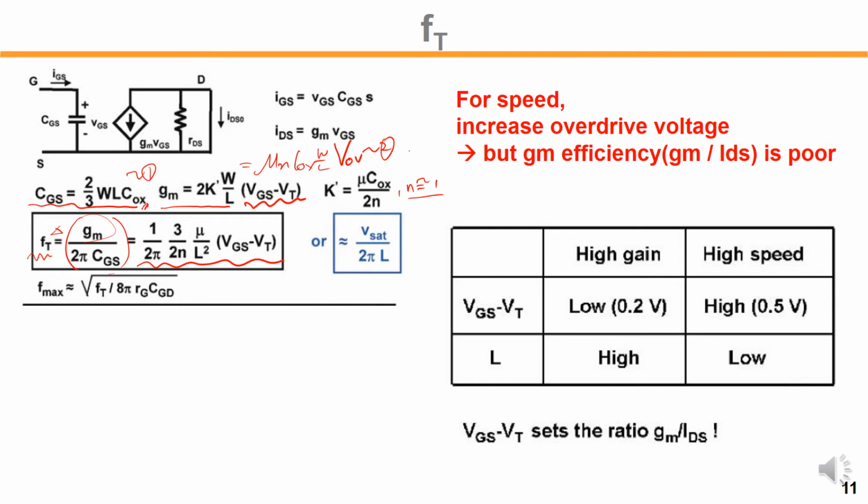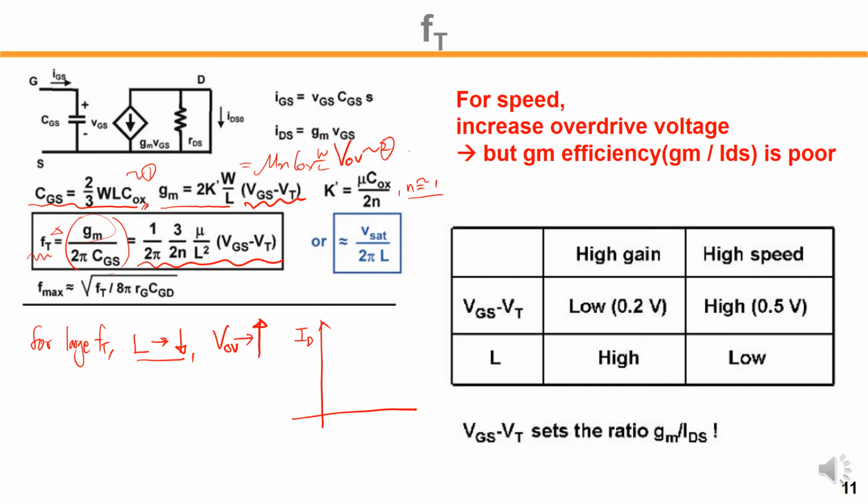As you can see, to maximize ft, we want the minimum L, so we want to reduce the L. So for large ft, reduce the L, and we also want a higher overdrive voltage. If you have a high overdrive voltage, then you are working your transistor at a large current level.